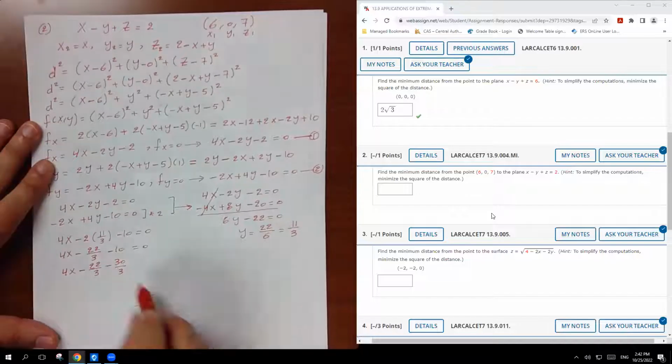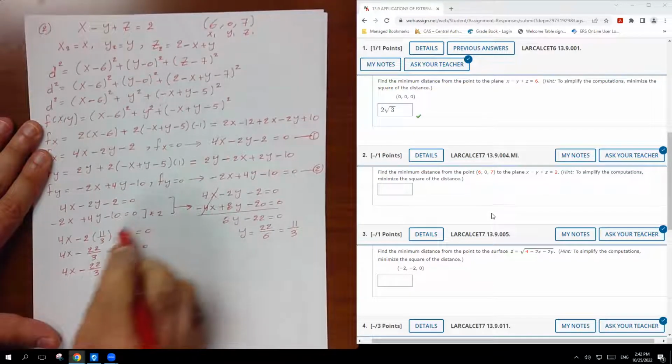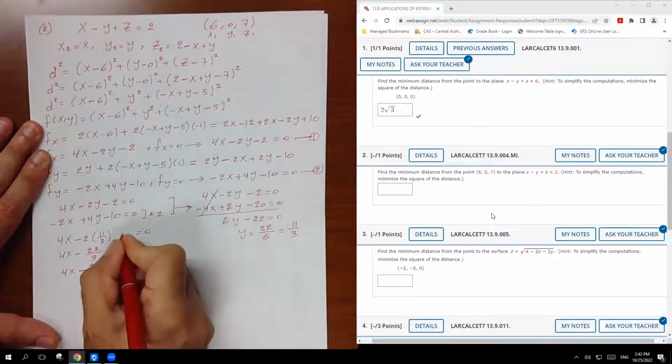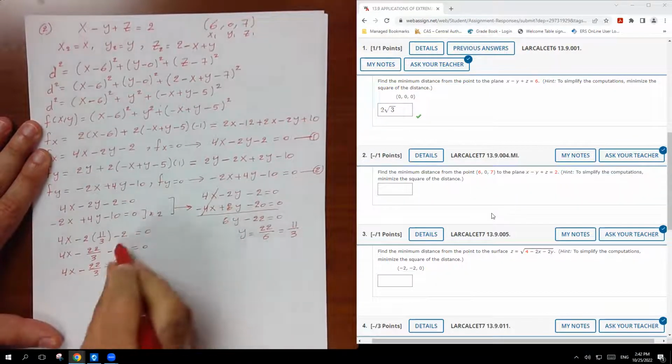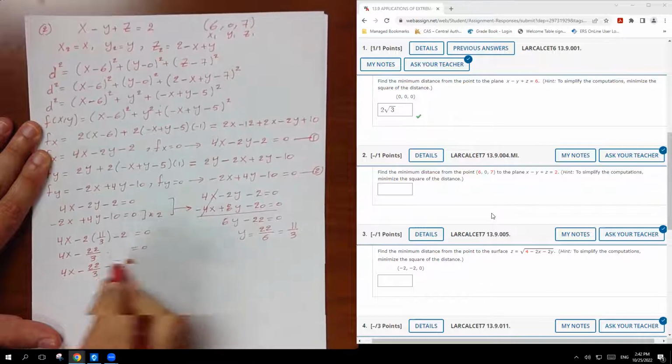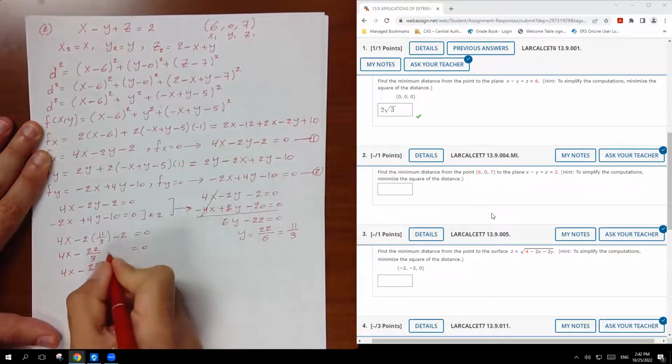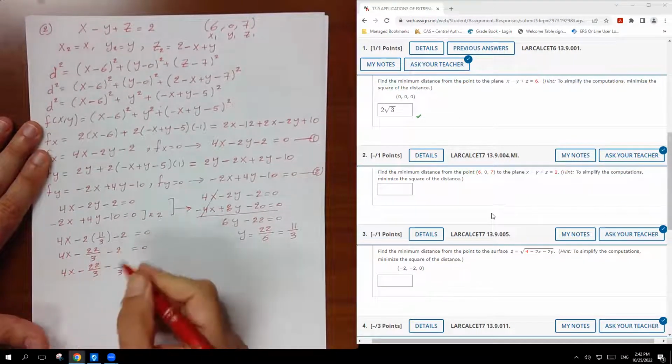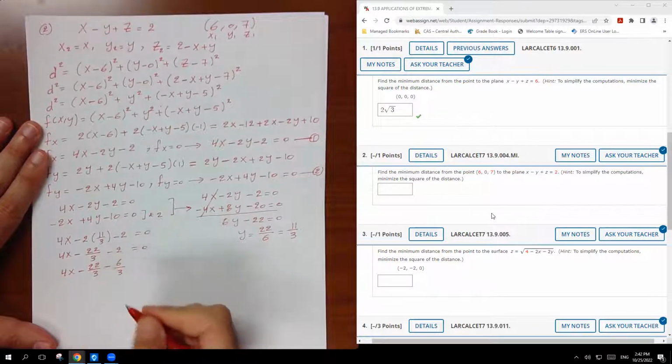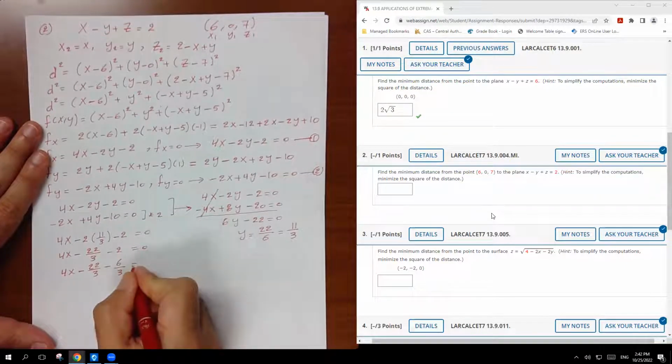Here's the wrong thing. I'm plugging into the first one. So this is minus 2. That means multiply by 3 is going to be negative 6 over 3 equals 0.